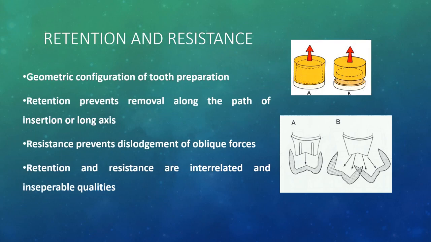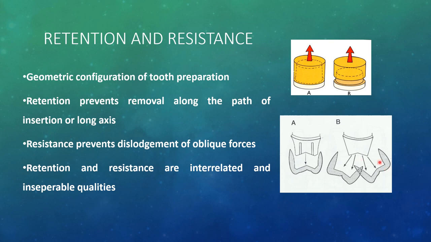Coming to retention and resistance. The geometric configuration of the tooth preparation looks like that, guys. Retention prevents removal along the path of insertion on the long axis. Resistance prevents dislodgement by oblique forces.